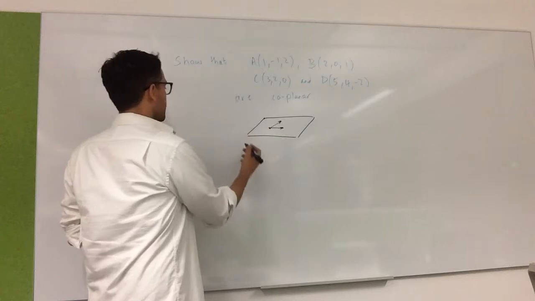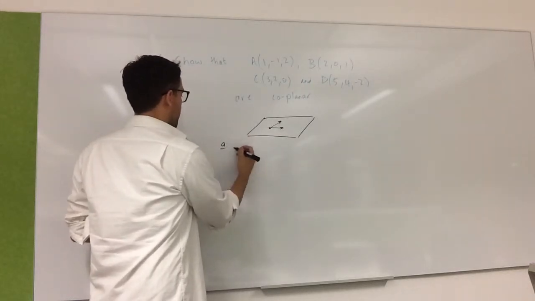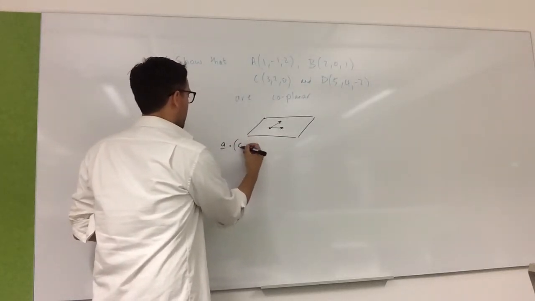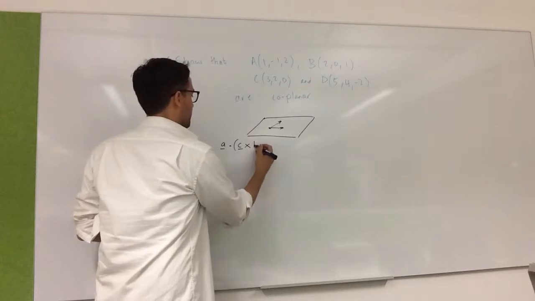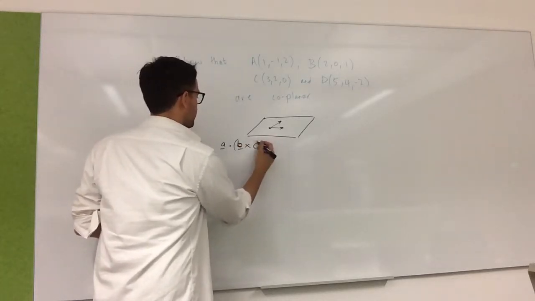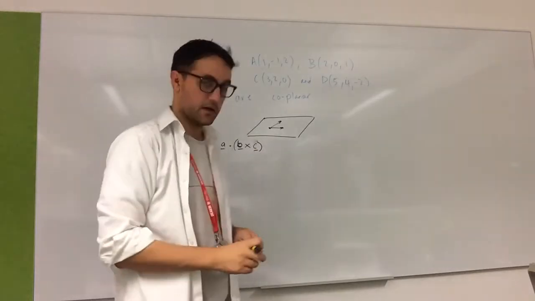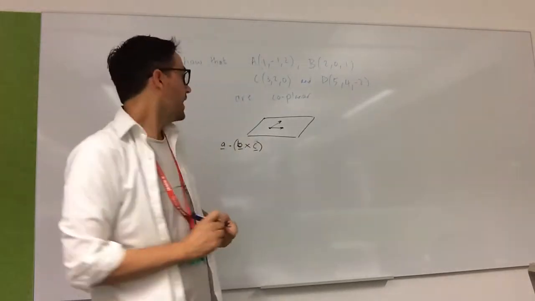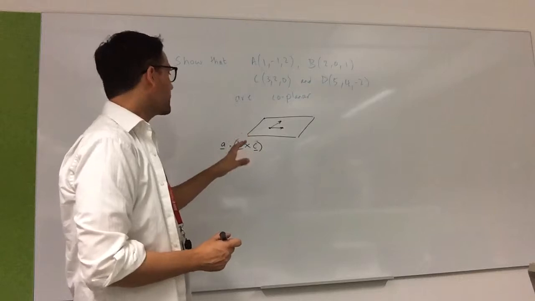So the scalar triple product for 3 vectors is A dot B cross C. There's a quick formula for doing this.